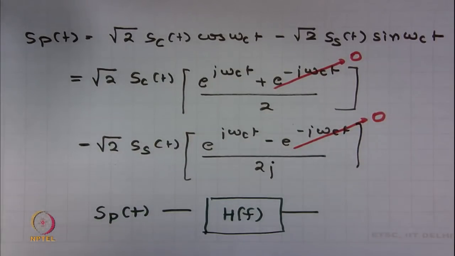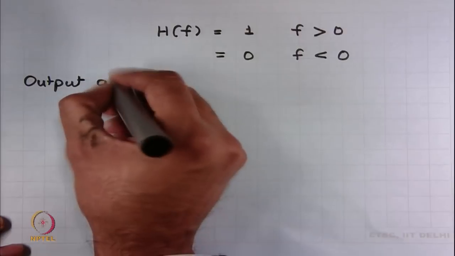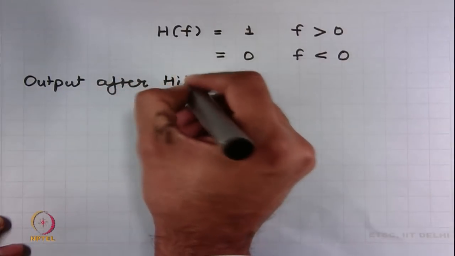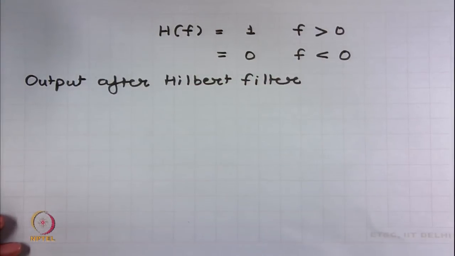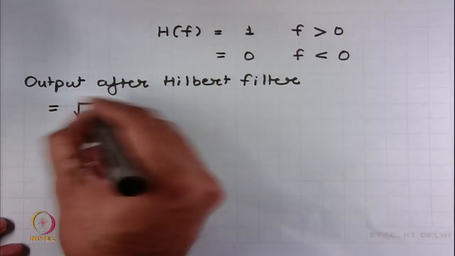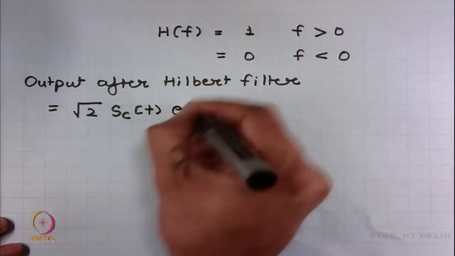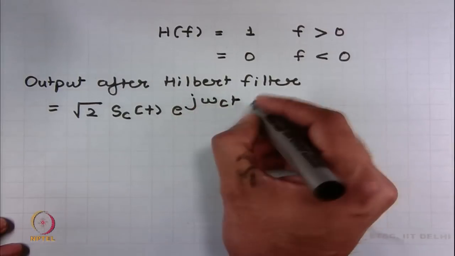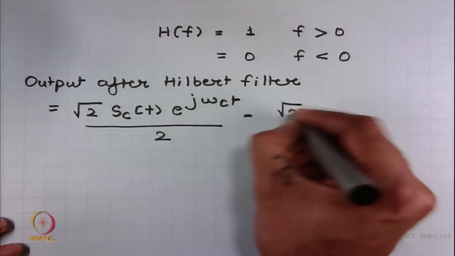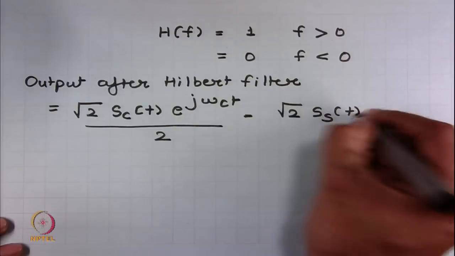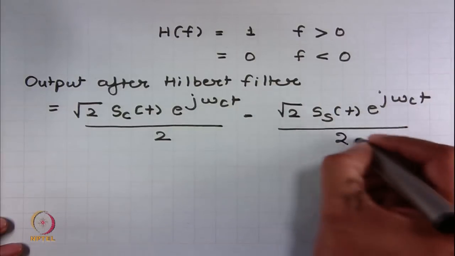So, what you would have is the output after the Hilbert filter, and this would be root 2 S_c(t) e to the power jω_c t by 2 minus root 2 S_s(t) e to the power jω_c t by 2j.